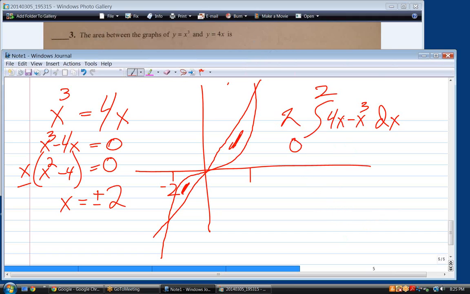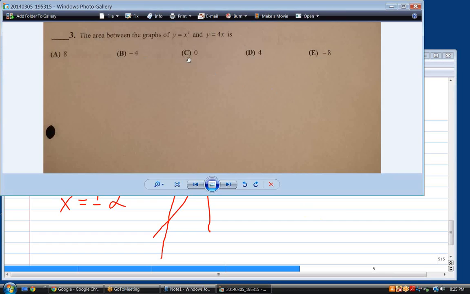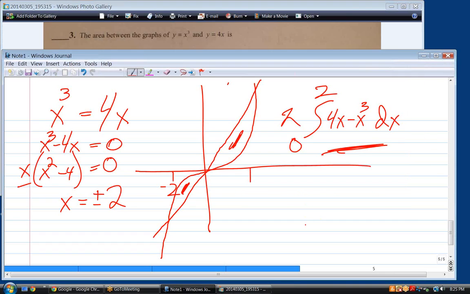So let's assume this is correct, and let's do it and see if that answer's on there. I saw that the 0 answer is on there. So 0 is certainly a possible answer, but let's see what this other one is. In other words, let's figure out what twice this area is, because it is definitely symmetrical with the origin.